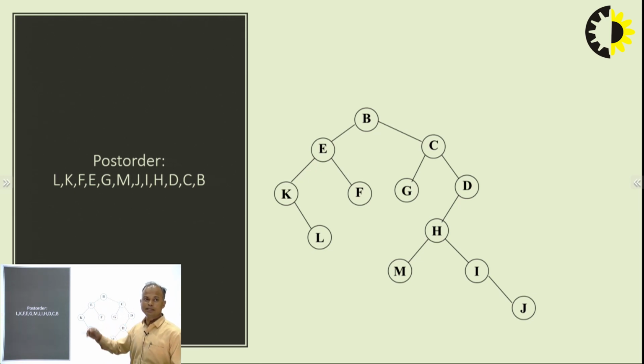We need to visit the left subtree. E is the root of the left subtree, so we cannot visit E. We need to come to K. K is the root of this particular tree, so we cannot visit K. No left part exists for K, so we cannot visit the left part of K.